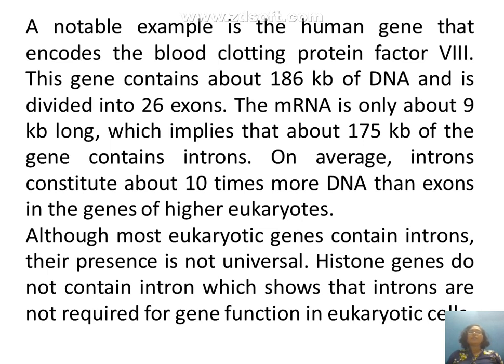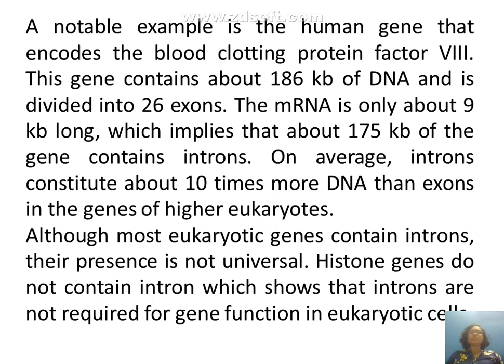So from 186 kb of DNA, the messenger RNA is only about 9 kb, so you have to subtract 9 from 186 kb, and you will get 175 kb. It means that 175 kb of introns, or nucleotides, is of no use. Only 9 kb is used.